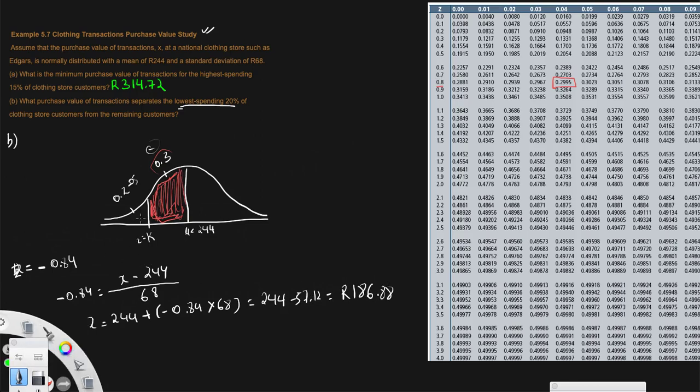In other words, this is here. So the highest amount, or the money that separates the lowest spender from the remaining, is 186.88. So this is the highest amount that this 20% group can spend. So you can see our Z, which is here, our Z is equal to minus 0.84, therefore it is also equal to 186 rand.